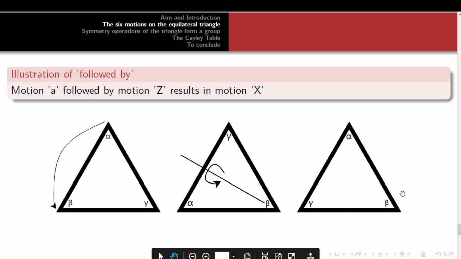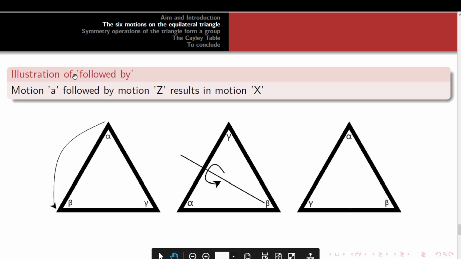This triangle is nothing but the flipping of the triangle about the axis from the bottom vertex. You have an axis like this, and you're flipping beta and gamma. So that is actually the motion X.